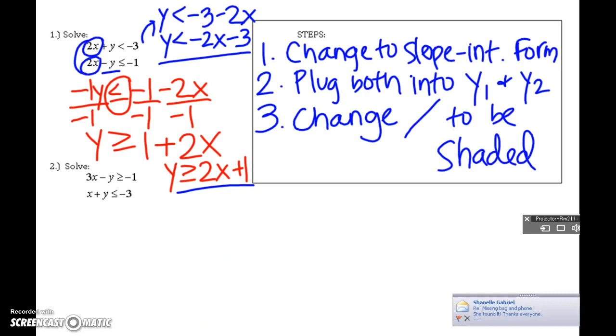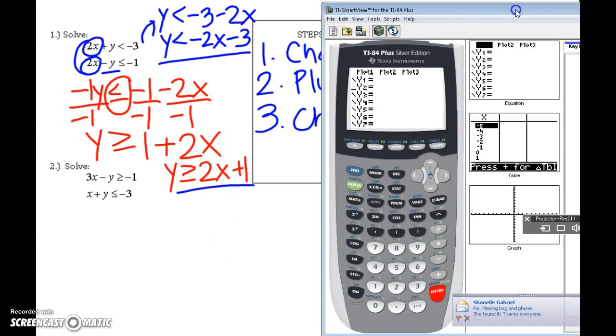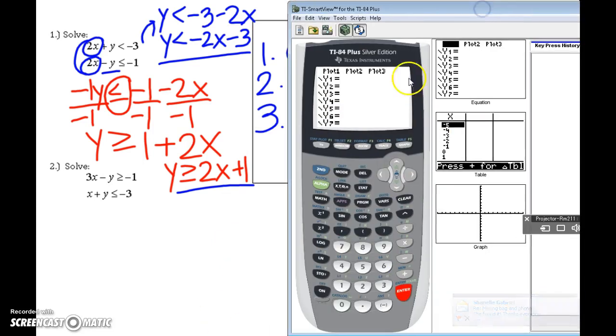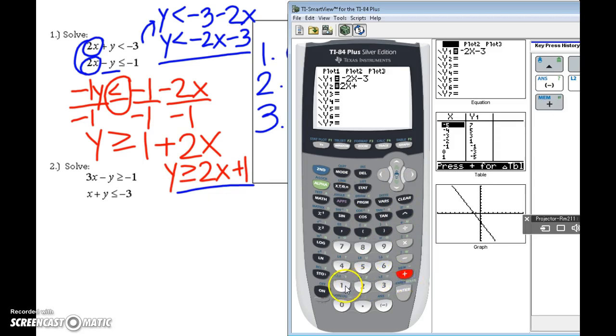So if you go to your graphing calculator, here's mine. I'm going to put both of these in. So I'm going to go to y equals, and then I'm going to put in both of my equations. So I have negative 2x minus 3, and I have 2x plus 1.